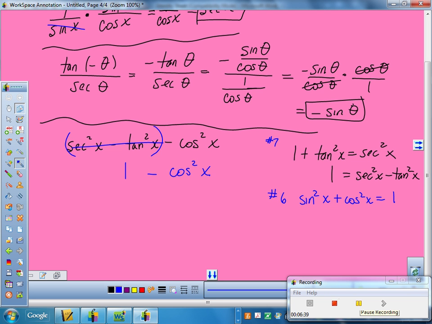Yeah, if I move cosine to the other side, wouldn't I have 1 minus cosine squared? So sine squared stays here, and I'm just subtracting cosine squared over to the other side. And so, since 1 minus cosine squared equals sine squared of the angle, that whole expression is now equal to sine squared x. And ta-da, you took that 3-term expression down to 1 again. Makes it easier to work with.